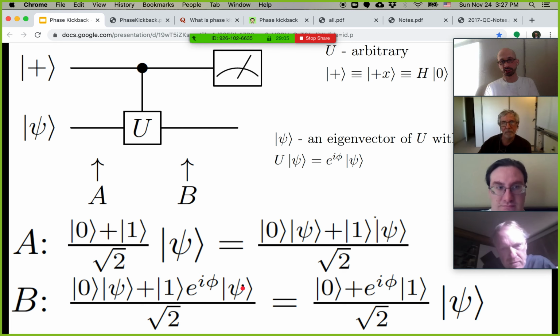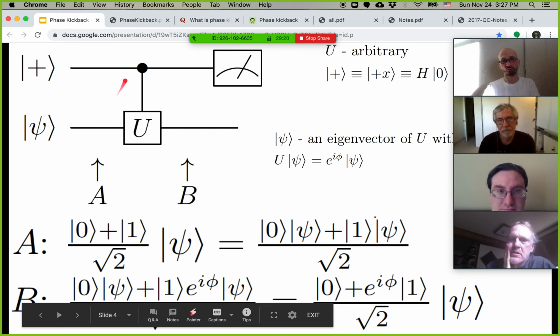So my point is, this operation did not change the target qubit at all. So the target qubit is the same as before we did anything. It's the same as before we applied this controlled U operation.